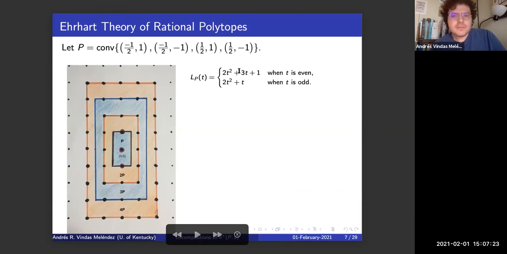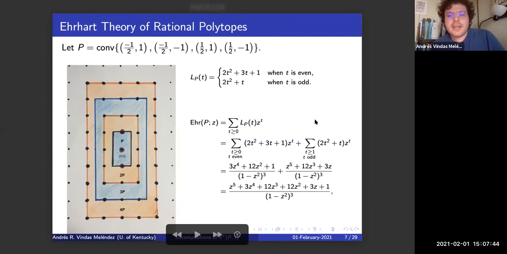What this quasi-polynomial is telling us is that for an even dilation, for example 2, if I substitute 2 here, this counts the number of lattice points. You can see in the example that this holds. Here I encoded it in the generating series, and here's my h-star polynomial.